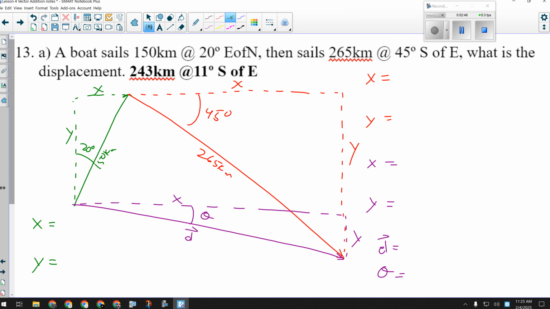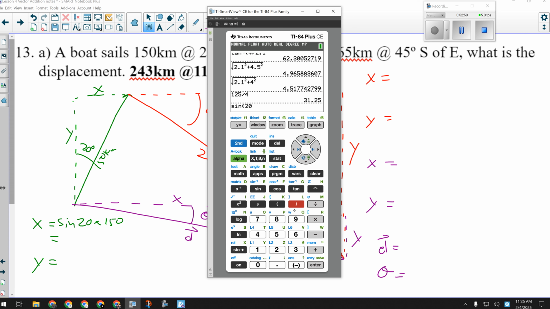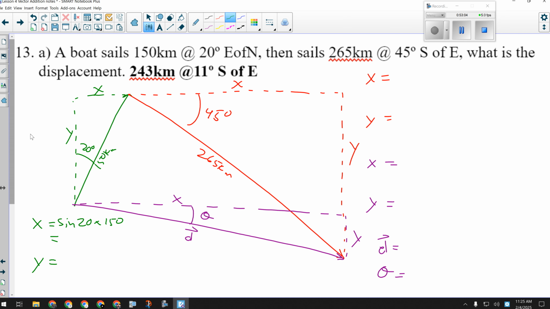So next step, once we have the diagram drawn, is to find all our x's and y's. Green x is the opposite side to the 20-degree angle, so we'll have sine of 20 times 150. That side's going to be 51.3 kilometers, and that is east.